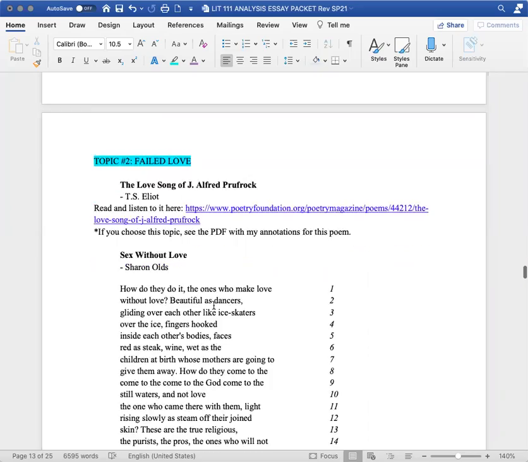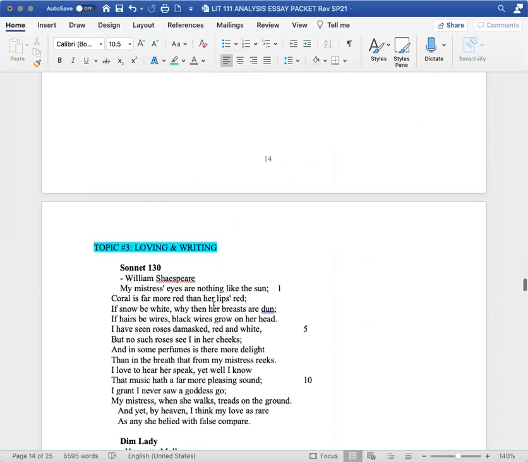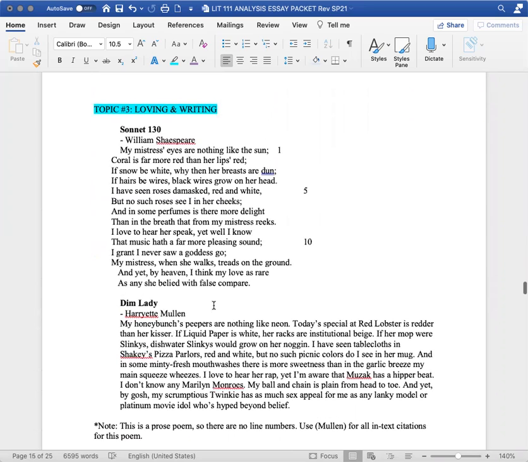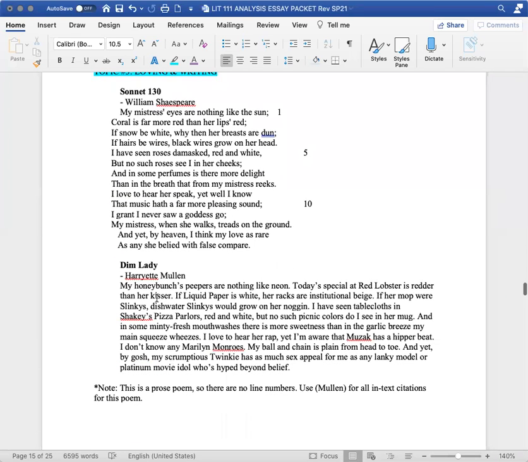And then the Sex Without Love is here. The two poems for 3 are here. And because this is a prose poem, there are no lines. So if you decide to do this one, for every time you quote or reference Mullen's poem, you just have to write Mullen in parentheses. All right.